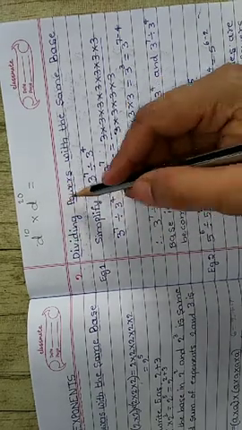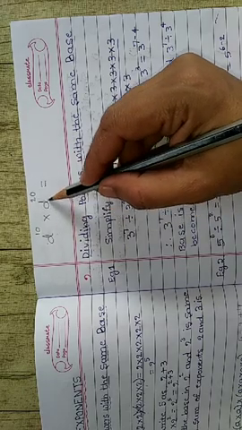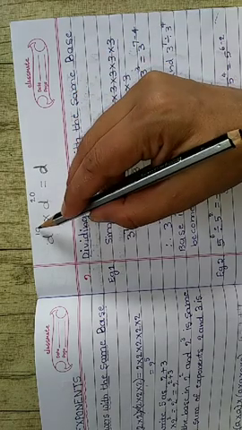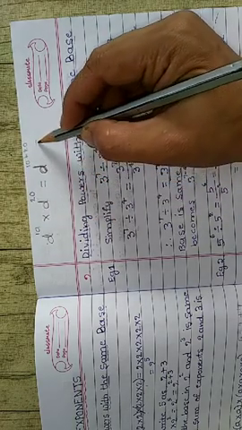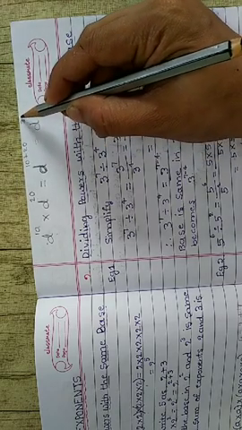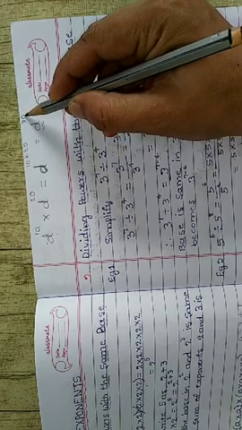Yes, what is it? Here the bases are the same. According to the first law of exponent, we can add the powers. Base d, add the powers. 10 plus 20, it will become d raised to the power of 10 plus 20, which is 30. So the answer is d raised to the power of 30.